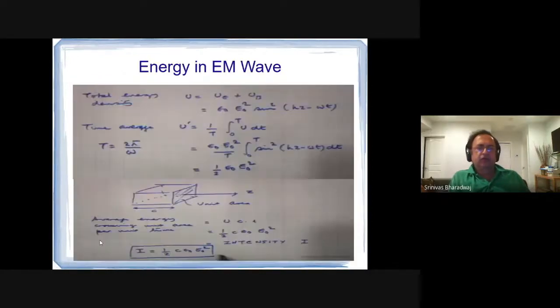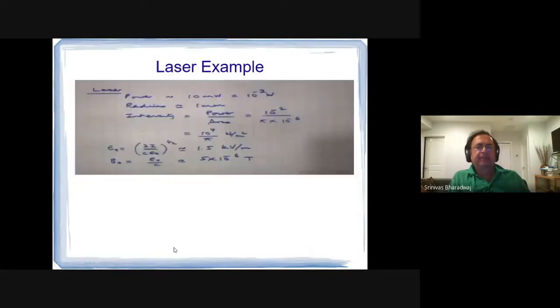So this is the average energy, right? If you give the intensity, this is the average energy. Remember, intensity is the power per unit area, and the same thing in the case of a laser. If this is the power of the laser, and the radius is 1 meter, power per unit area is the intensity.